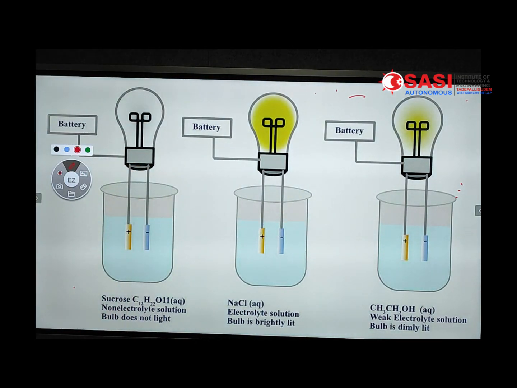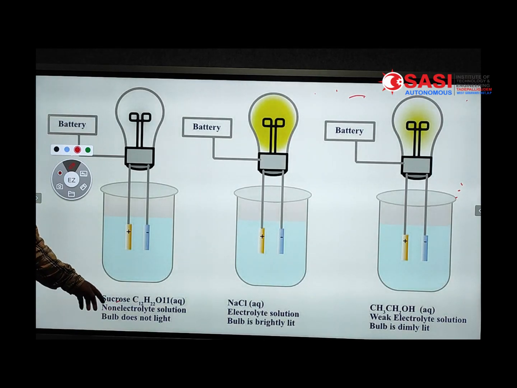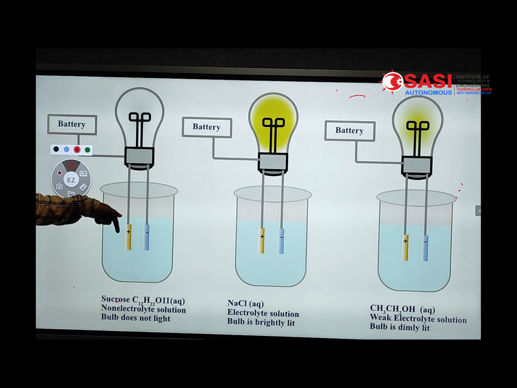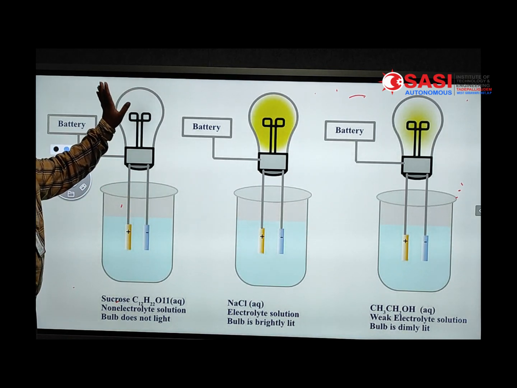Here it is very clear that if you take any solution like sucrose, glucose, fructose, whatever the organic substance may be, and place two electrodes, there will be no electricity and the bulb will not glow.